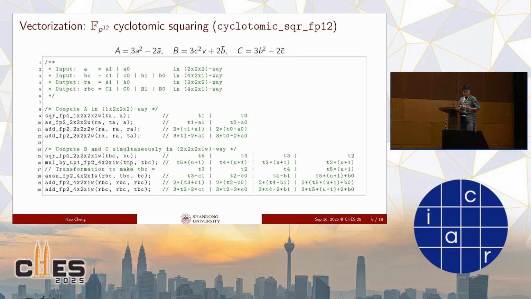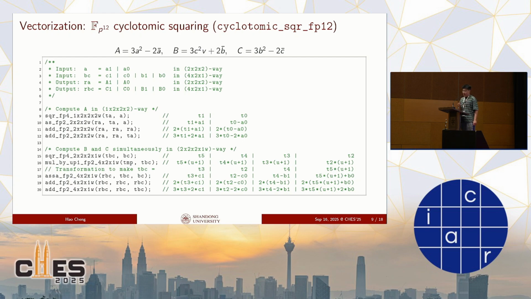Okay, now let's have a look at the first Fp12 operation, which is Fp12 cyclotomic squaring. Here we are considering the uncompressed version, which was proposed by Granger and Scott, so we also call it Granger-Scott squaring. Actually, the Granger-Scott squaring is not well suited for either the two-way or the four-way vectorization, because we can see the number of underlying Fp4 squarings is 3.